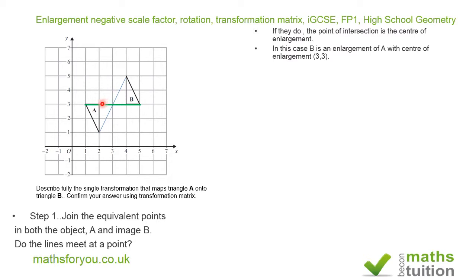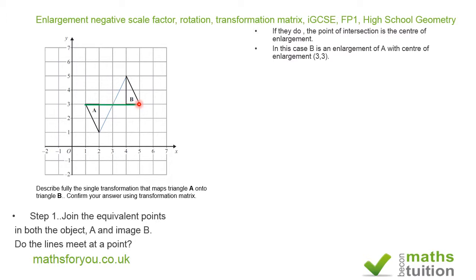Right. Now from the center of enlargement to the point 2, 1 is 1 unit there. And from the center of enlargement to the equivalent point 4, 3 is also 1 unit. The size of this line here on object A is 1 unit.